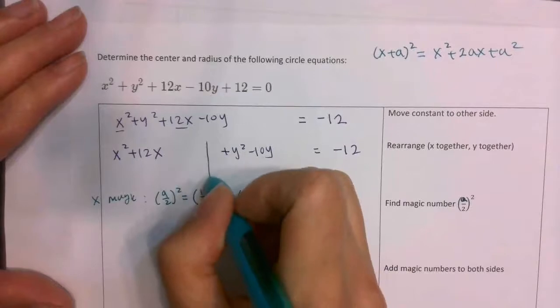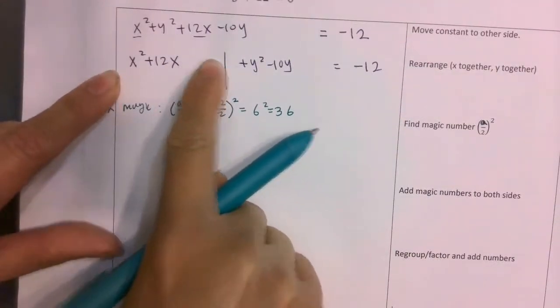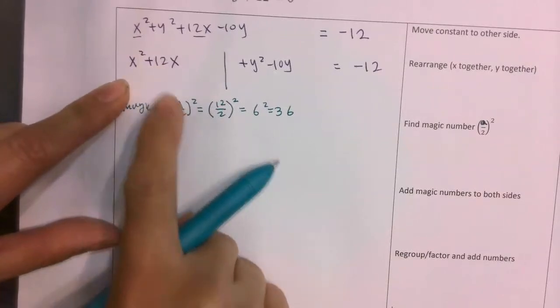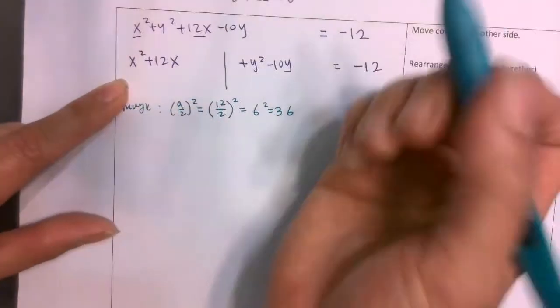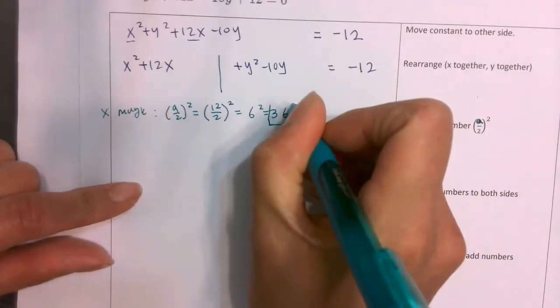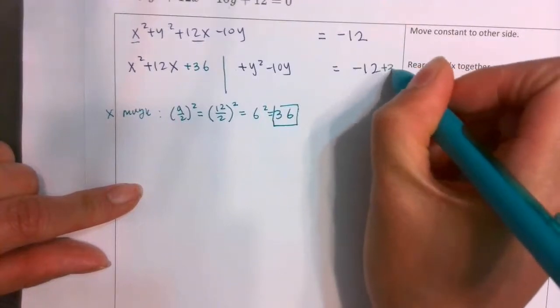But if you remember last lesson, to find the constant added to make a perfect square, you take that leading coefficient of the linear term, over 2 squared, and so you're going to add that 36. So magic number for x is 36, so we're going to add 36 on both sides.